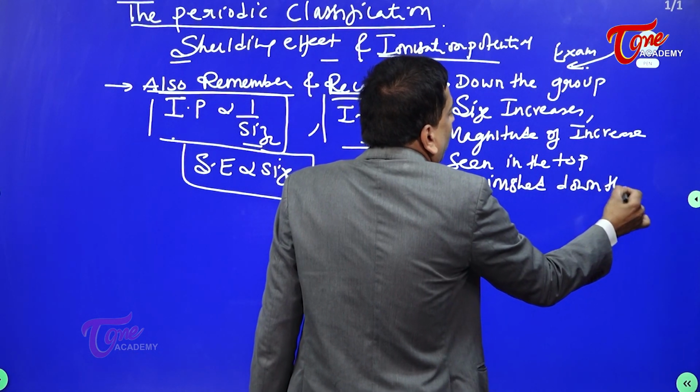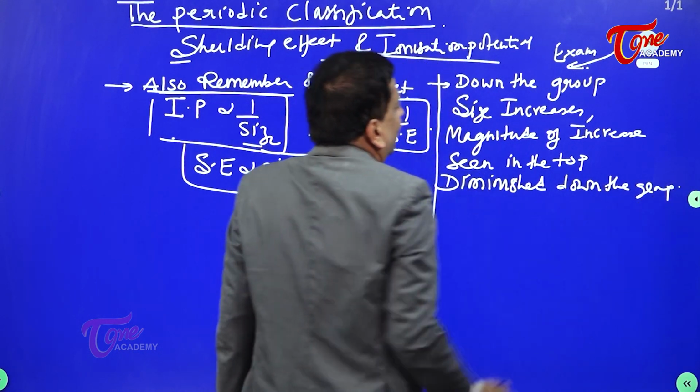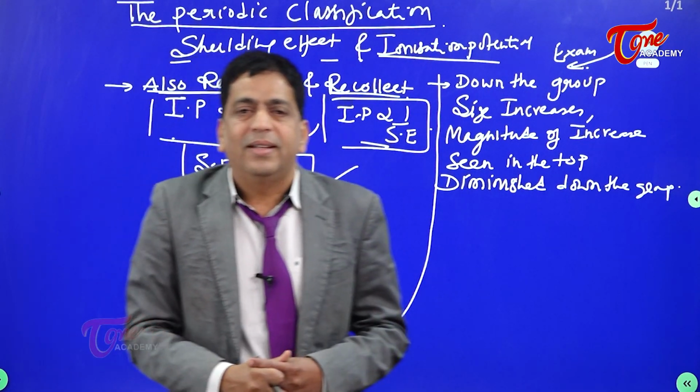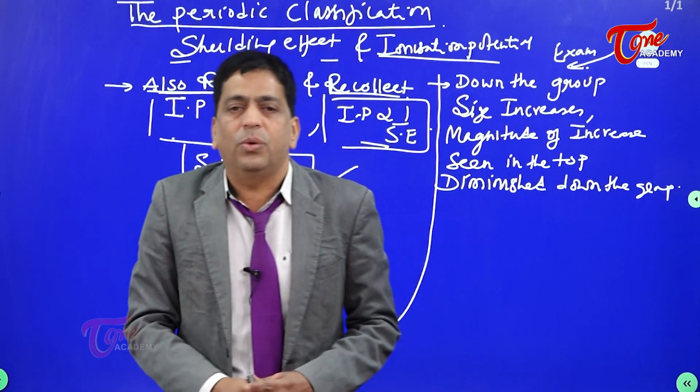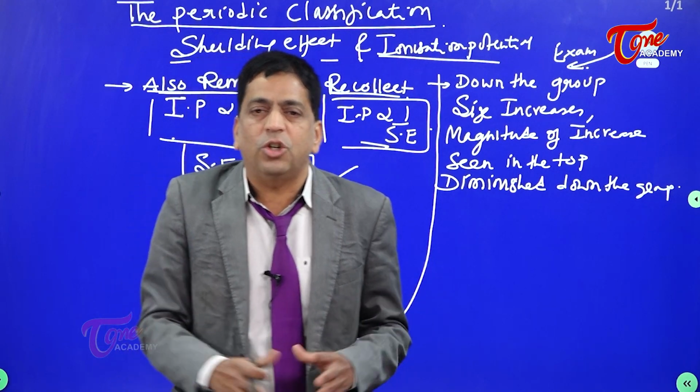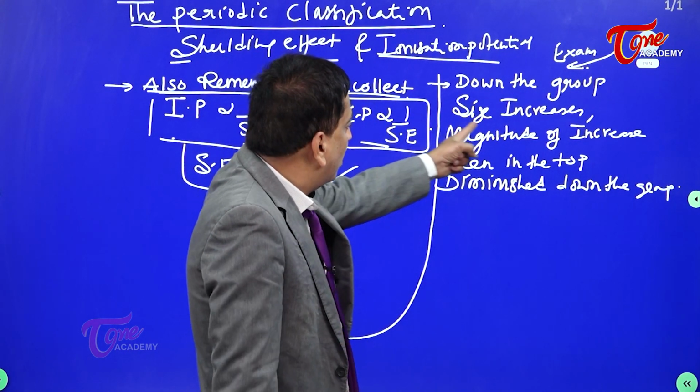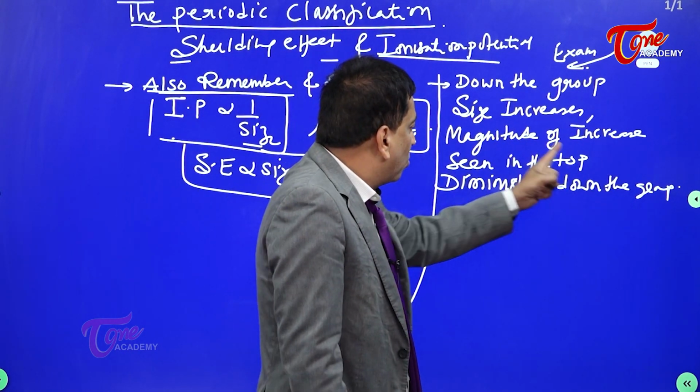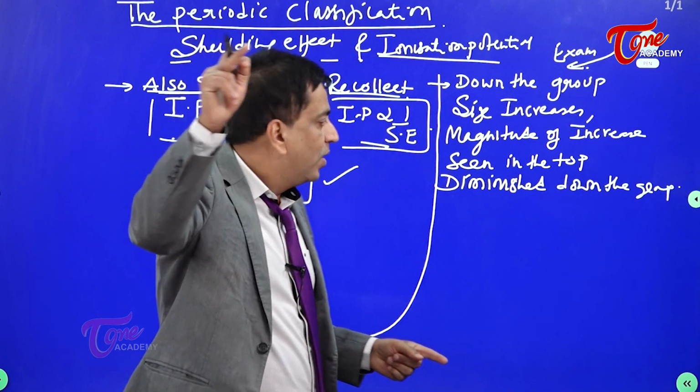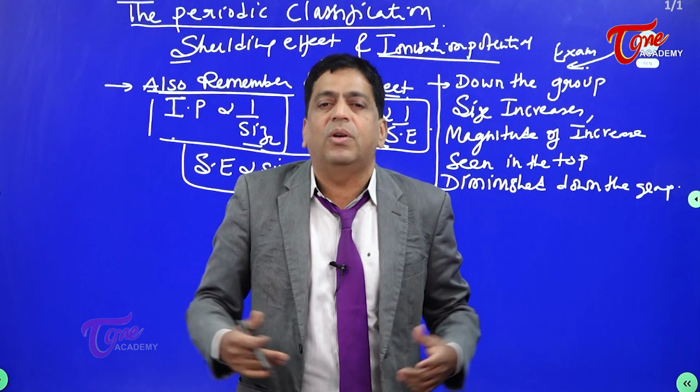That is the assertion which I am making for you. So what is the assertion? Down the group the size increases, but the magnitude of increase seen in the top diminishes down the group.